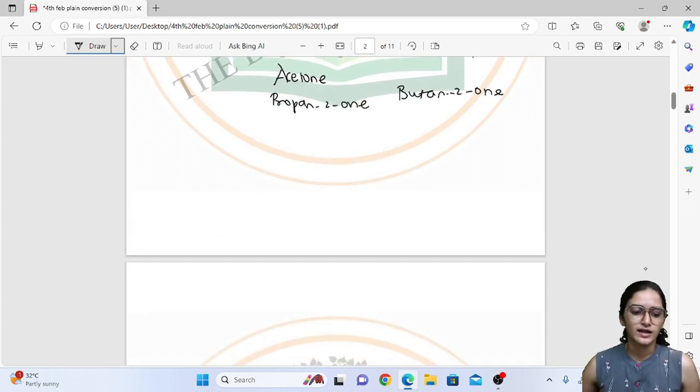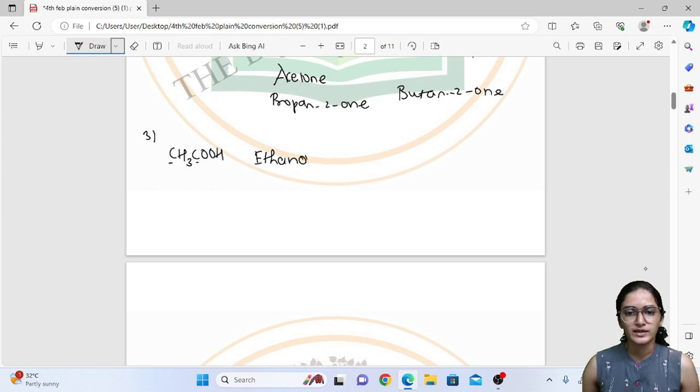And third is carboxylic acid. Carboxylic acid names end with oic acid. Let us take one simple example, CH3COOH. Here we have two carbons, so the name will start with eth. Ethane is the name of the carbon chain, but we have an acid, right?